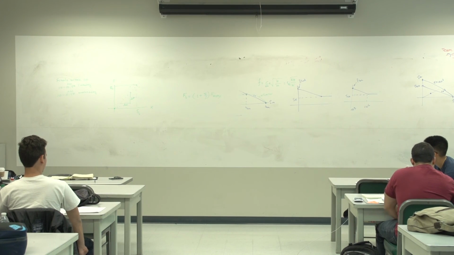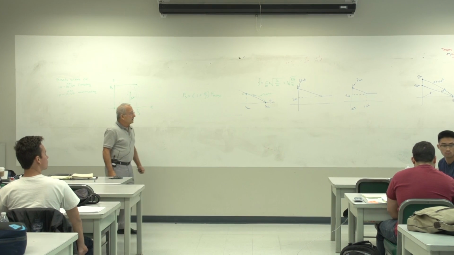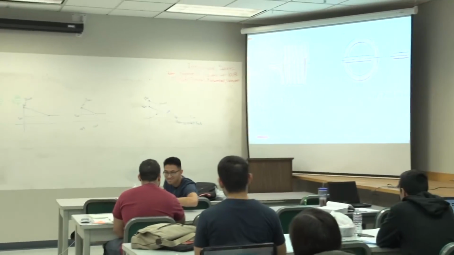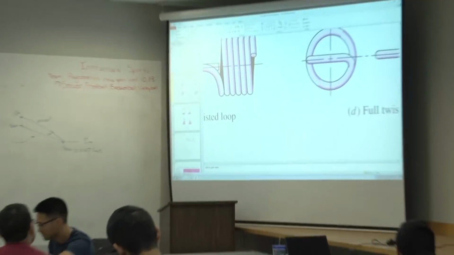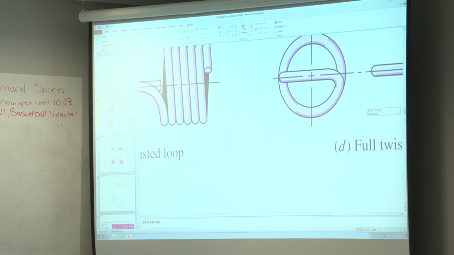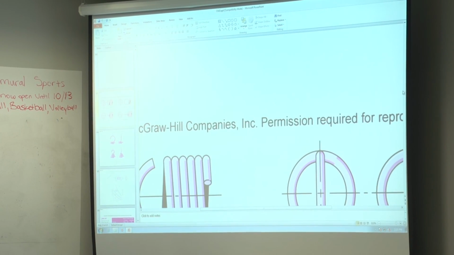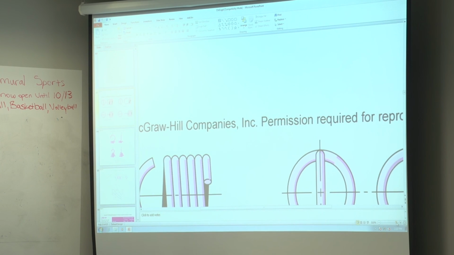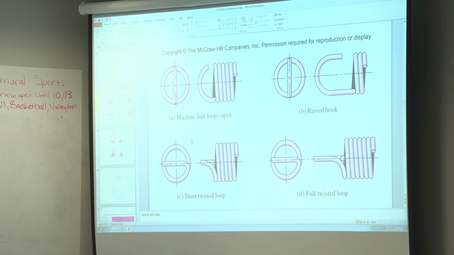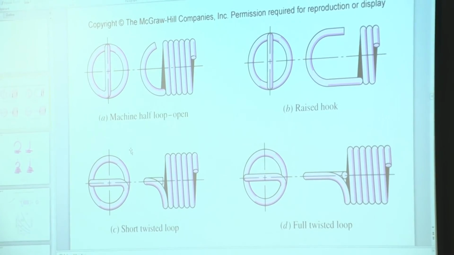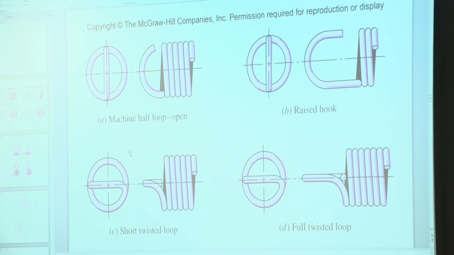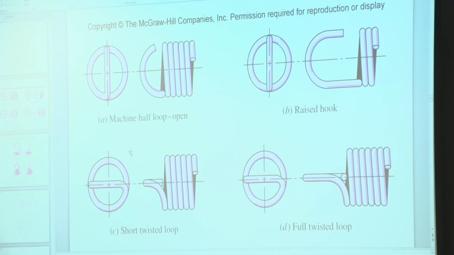Tension springs. As you saw with the samples that I sent around, these are springs that are wound essentially shut. And in order to apply a load to them, you have to have ends that are hooked or are otherwise capable of carrying a load.